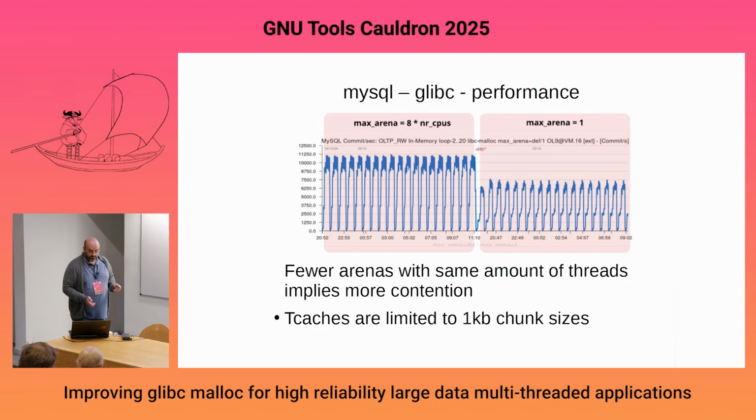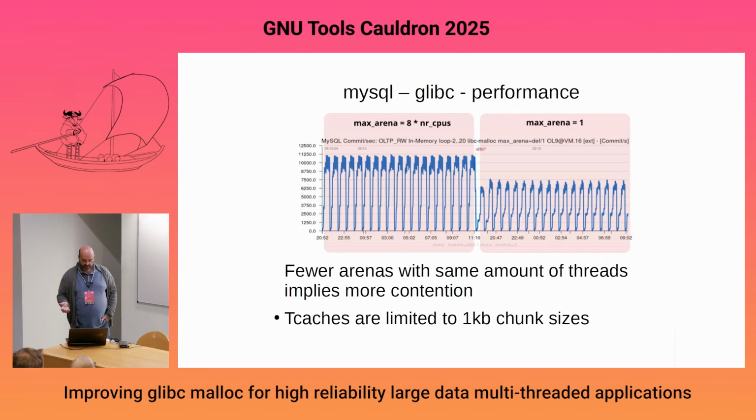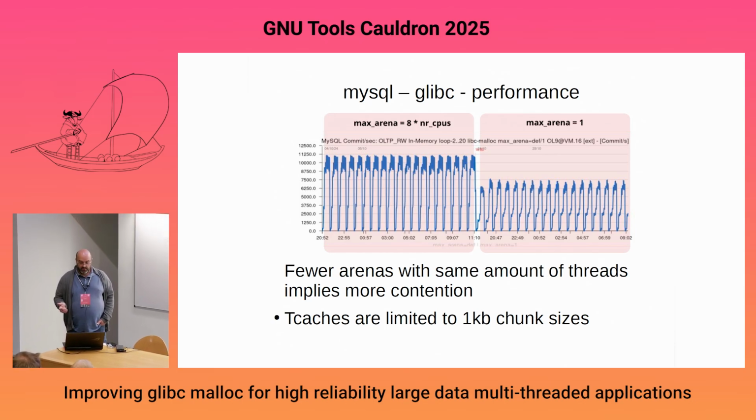And so basically we realized that Max Arena 1 gives much worse performance, and we cannot just use it as is, of course, but it called the attention to a problem in malloc infrastructure, which was that T caches are limited to 1 kilobyte blocks, and we were trying to allocate much bigger things within MySQL.